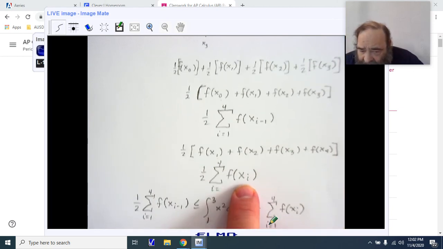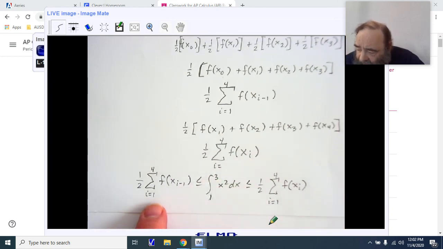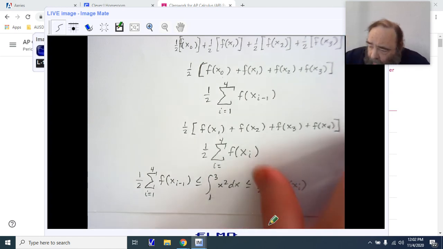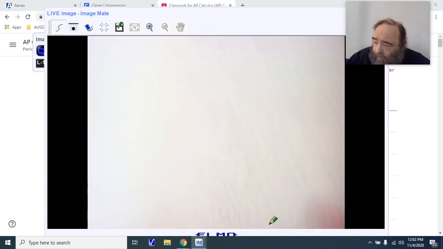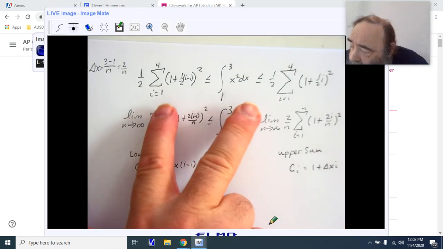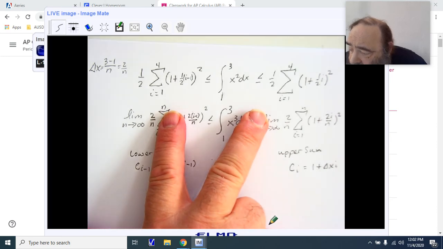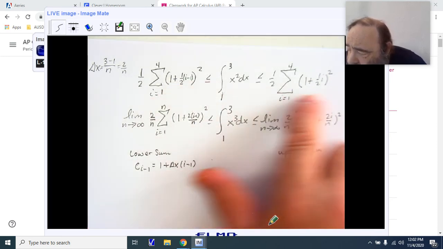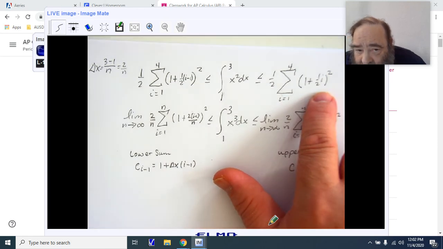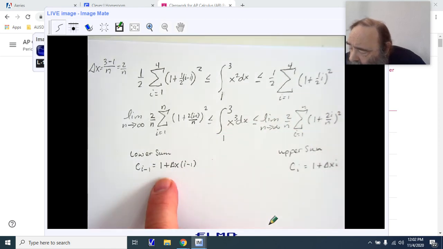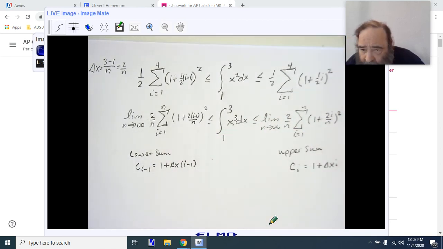That's x sub I. And because I had my lower sum and my upper sum, I put them together with the integration in between. And this is where we start to think about this as the function with the number of increments in terms of I minus 1 and I, which we can then simplify for our upper and lower sums.